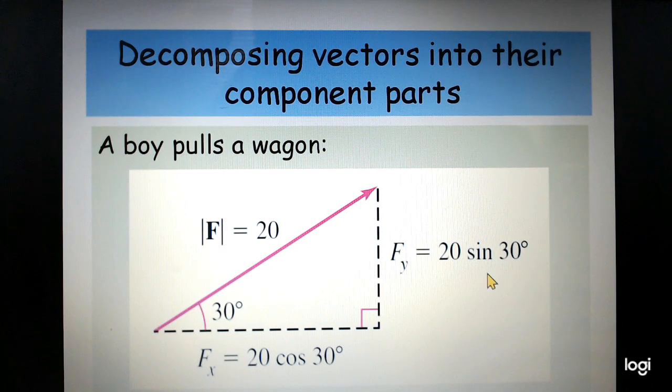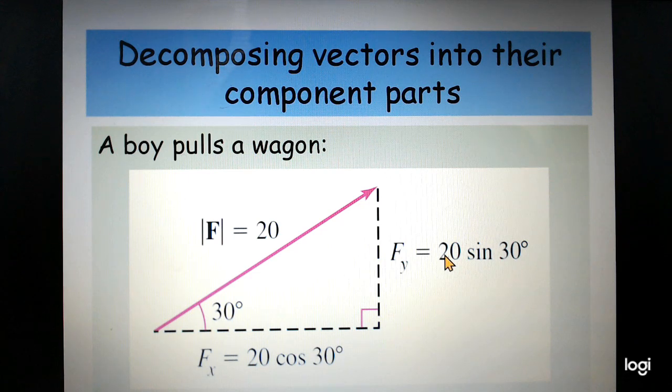Now let's suppose the boy's pulling with a force of 20 pounds. Because of the angle, it's not all directed horizontally, and it's certainly not all directed vertically. Part of the force is directed horizontally, 20 times cosine 30, and part of the force is directed vertically, 20 times sine of 30.